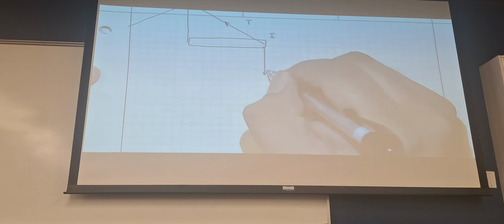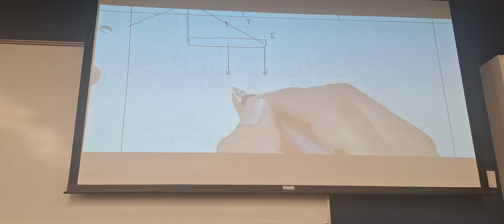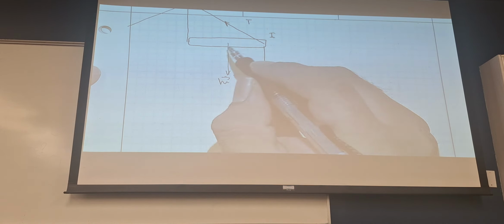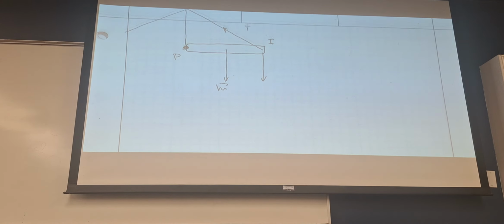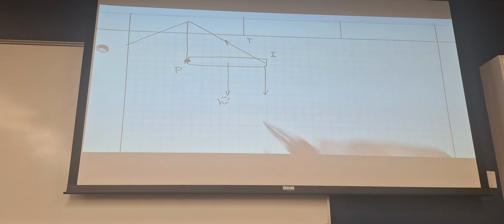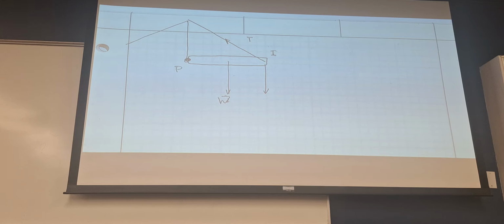This is the weight. Let's call it point P, the pivot. And the question is, what is the tension in the system for this to remain static?